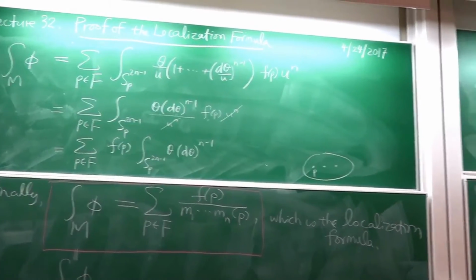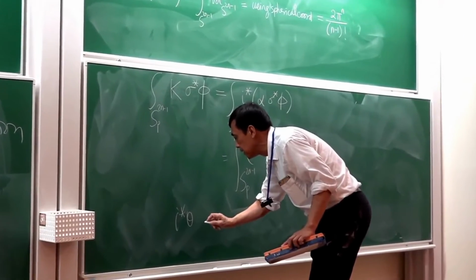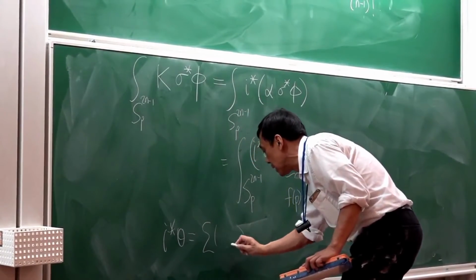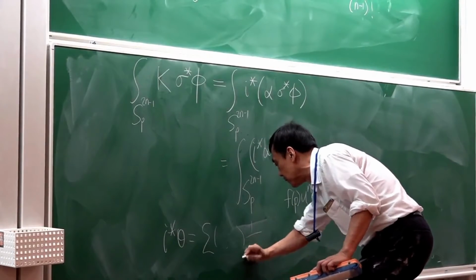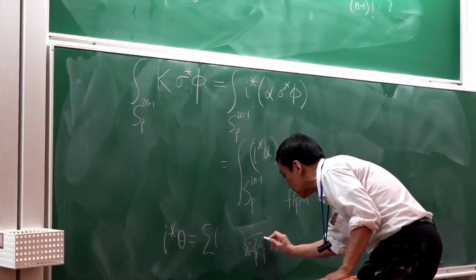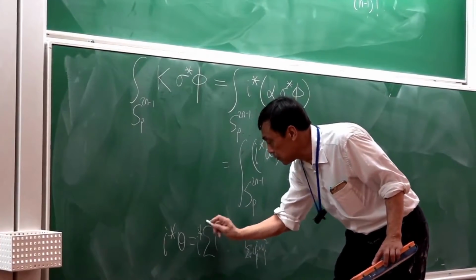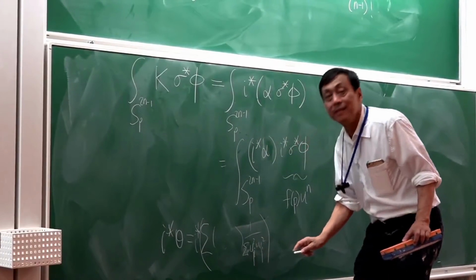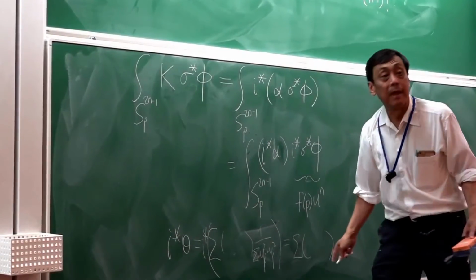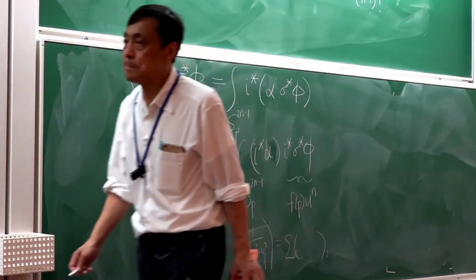So i star of theta, normally theta has 1 over the sum of u_j squared v_j squared. But when you restrict to the sphere, that becomes 1. So that disappears, which is that formula that we wrote down.